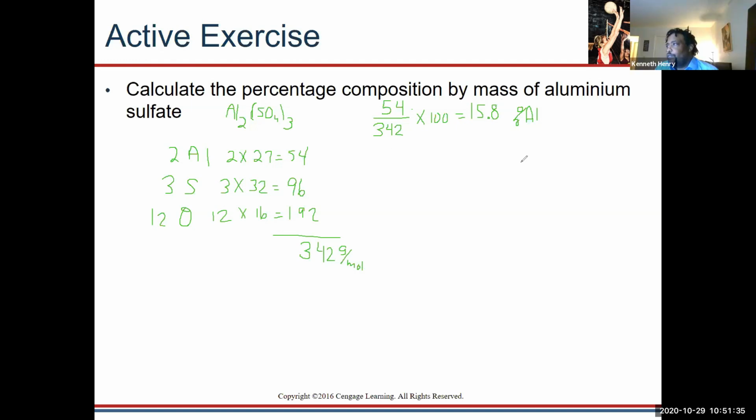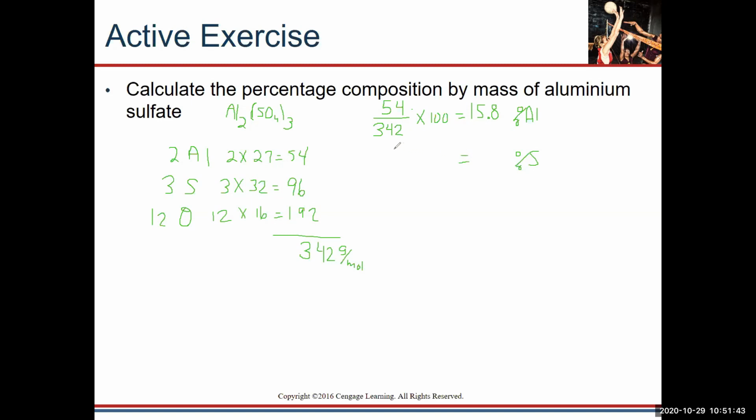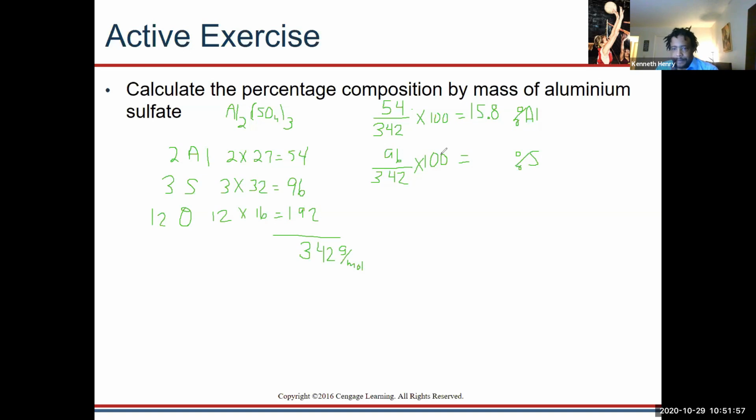Okay, and then for the sulfur, what will I do? Same thing. 96 divided by 342, times 100. Okay.